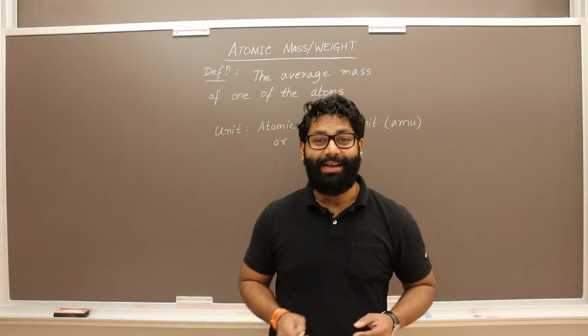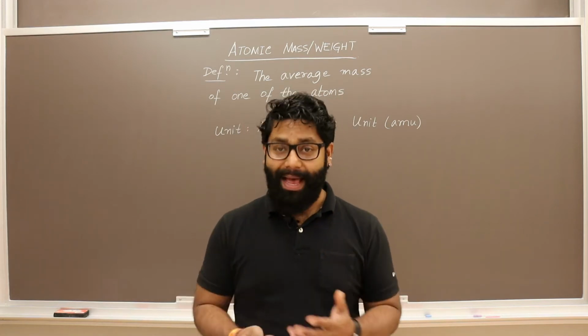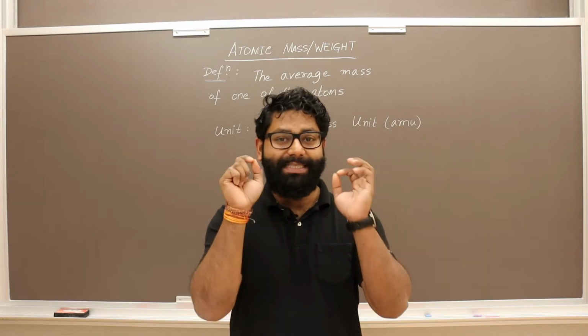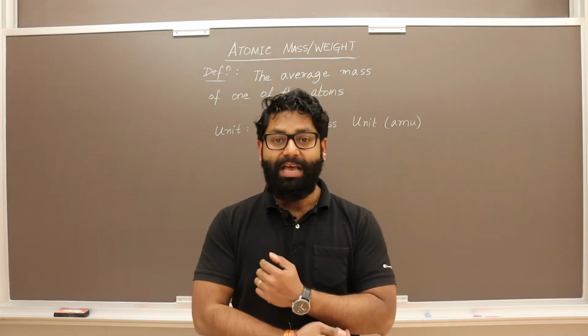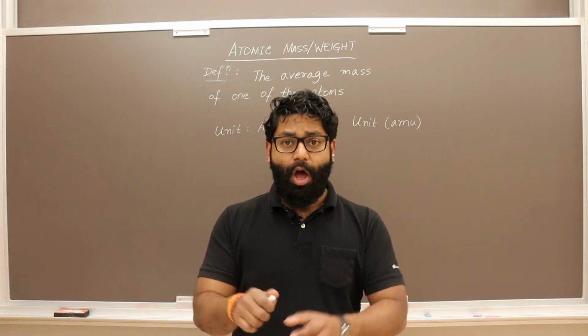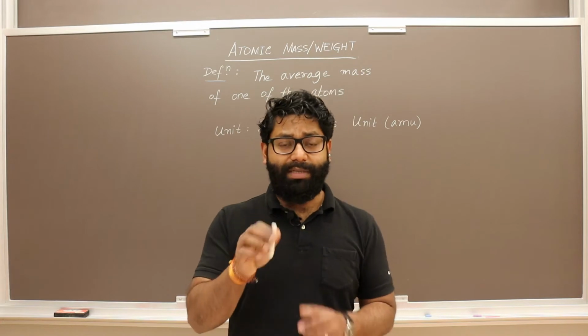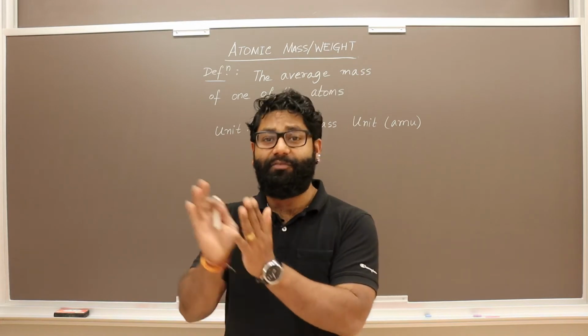Okay, welcome to the next part of the course, which deals with the concept of atomic mass. We had briefly touched upon this concept previously when we were discussing the mass number of any atom, which was the number of protons plus the number of neutrons.